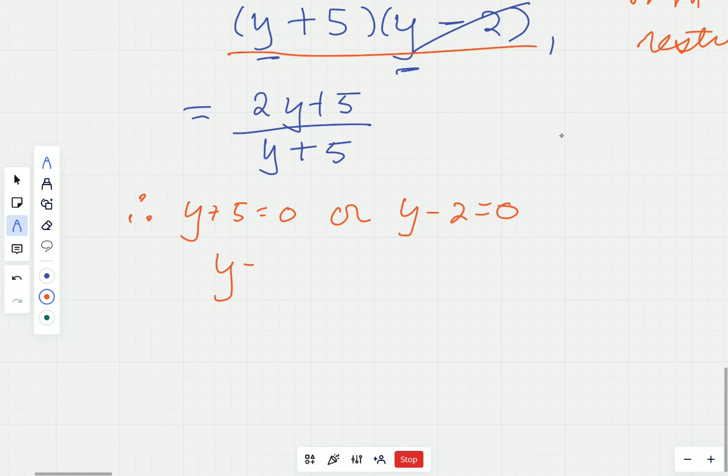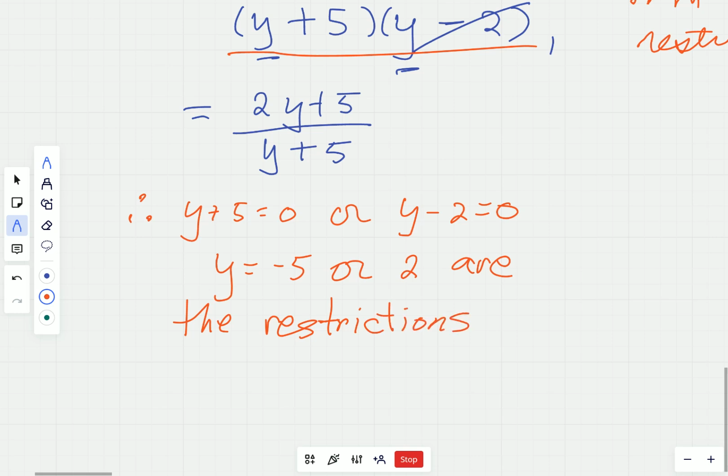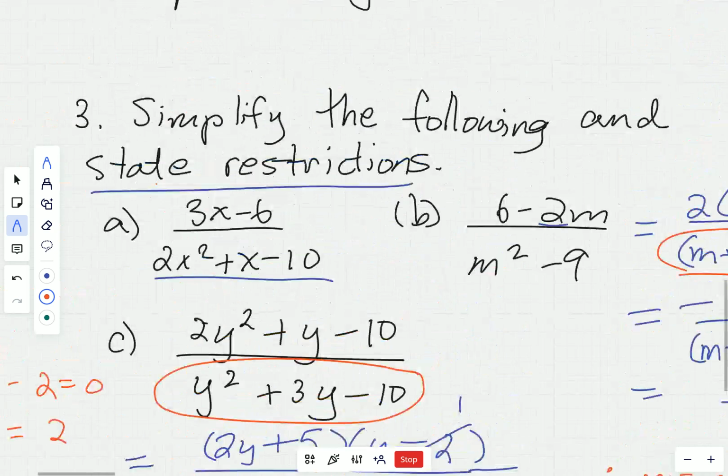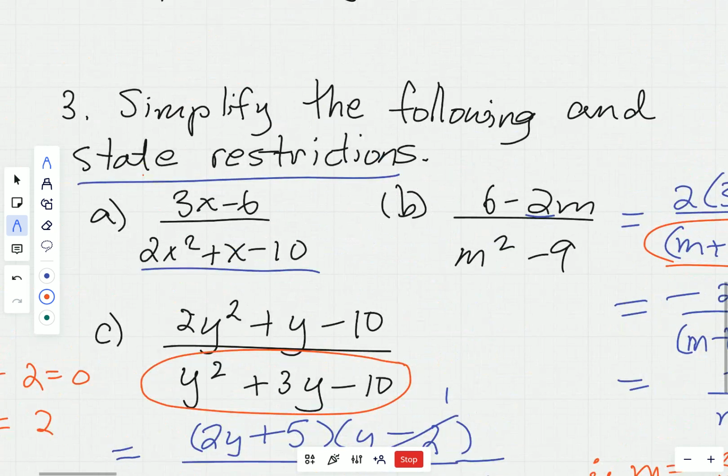This means y equals negative 5 or y equals 2 are the restrictions. Good, and we're done. So we've simplified each rational expression and we've stated the restriction.